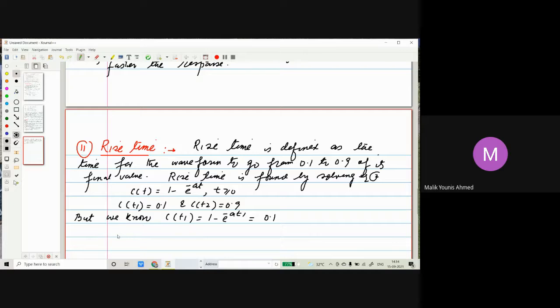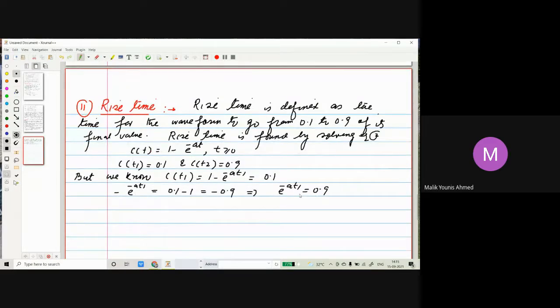So this means minus e raised power minus a t1 will be equal to 0.1 minus 1, that will be equal to minus 0.9. So that means e raised power minus a t1 is equivalent to 0.9. So applying the natural log on both sides, log e raised power, this will be minus a t1 log e. Log e will be 1.